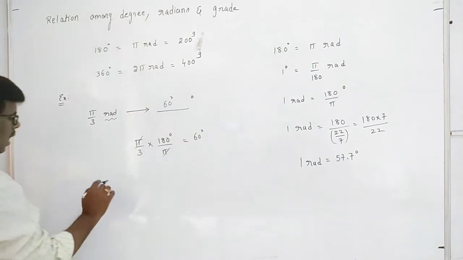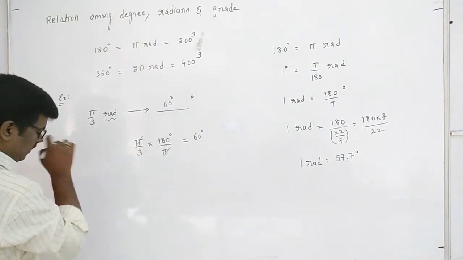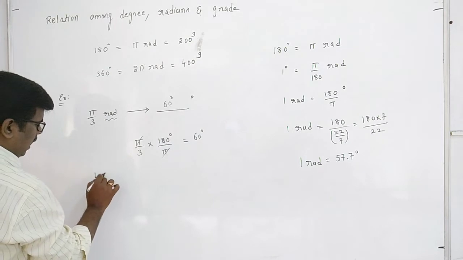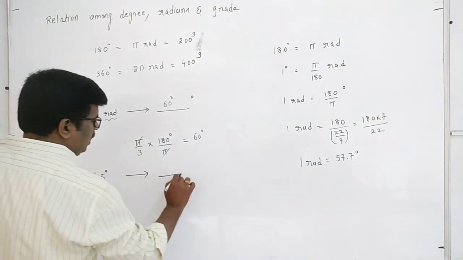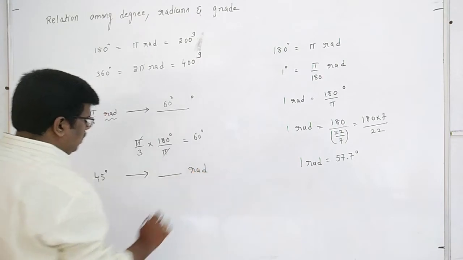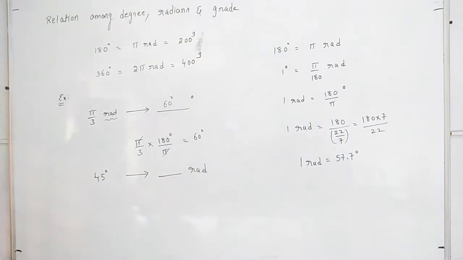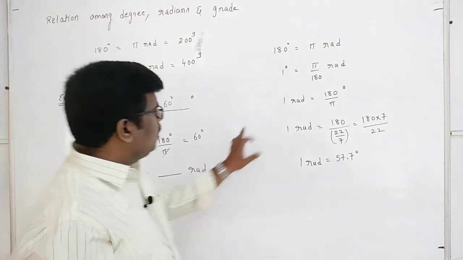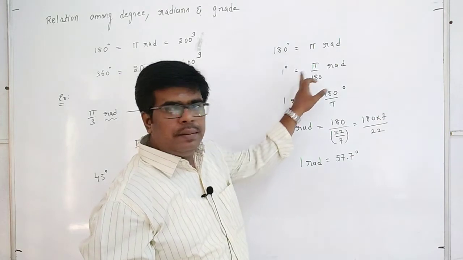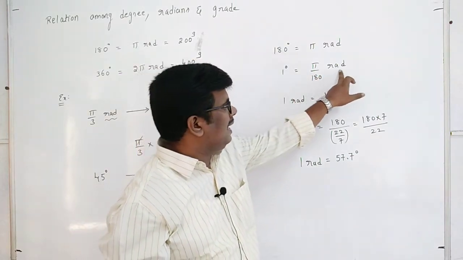Or else if you have 45 degrees, and I want it in radians. If you want to find it in radians, say 1 degree equal to pi by 180 radians.